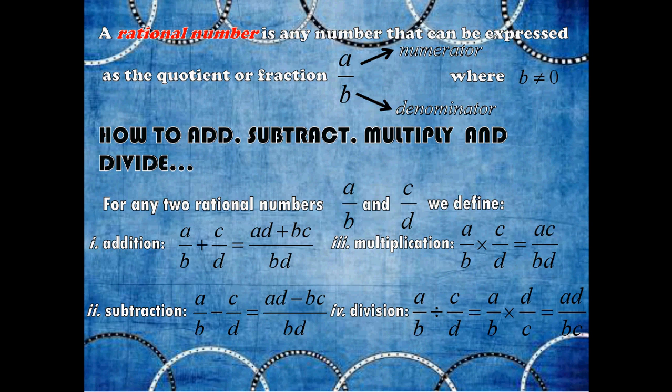So c over d becomes d over c by the process of reciprocal, and then it proceeds to the operation of multiplication, the same with the multiplication of numerator to numerator and denominator to denominator.